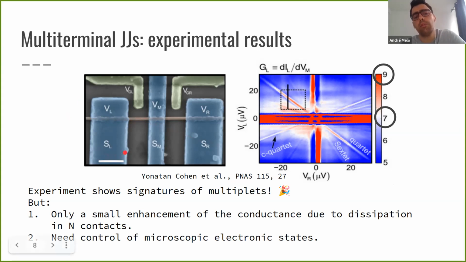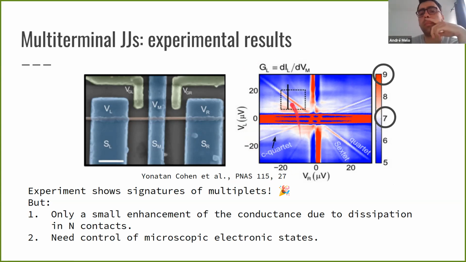It's exactly what we were looking at, S, N, S, and S. The superconductors are in blue. Then they take this device and bias the left and right superconductors and just measure conductance. Here this color map is conductance, and the axes are voltages, VL and VR.